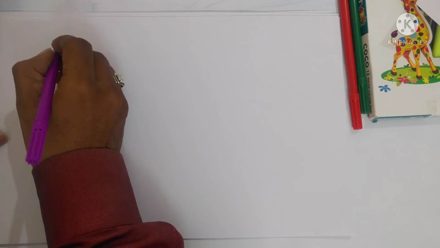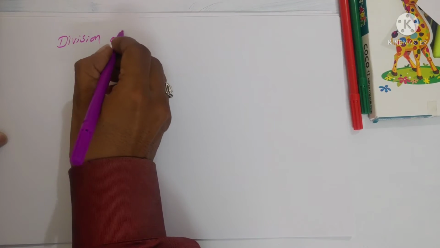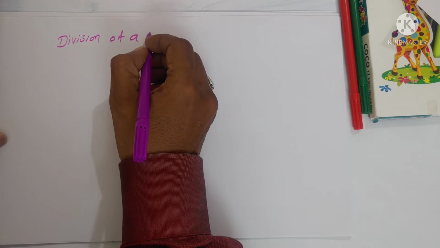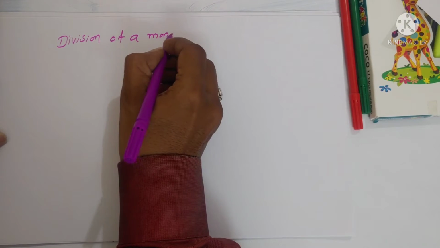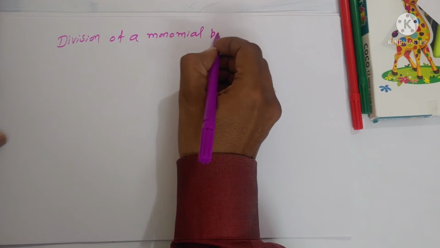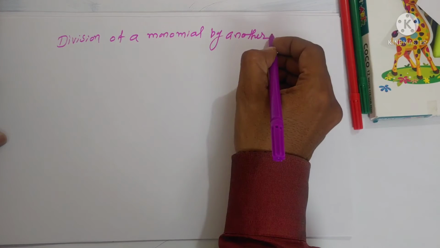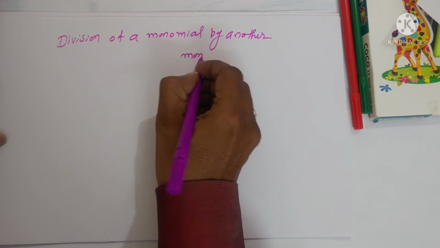What is it? Division of a monomial by another monomial.